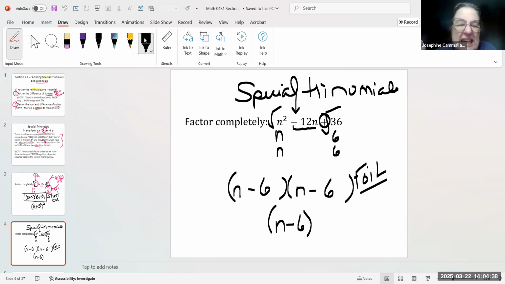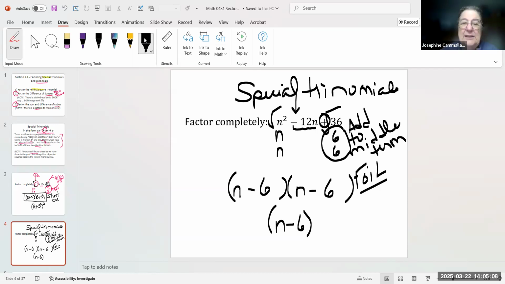If it was 13, we'd get something totally different, because remember, 36 also is 4 times 9. Negative 9 and negative 4 is a negative 13. So they've got to add to the middle term, or the b term.